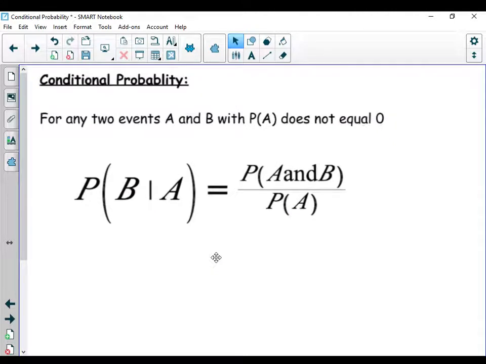The probability of A and B happening at the same time over the probability of A.